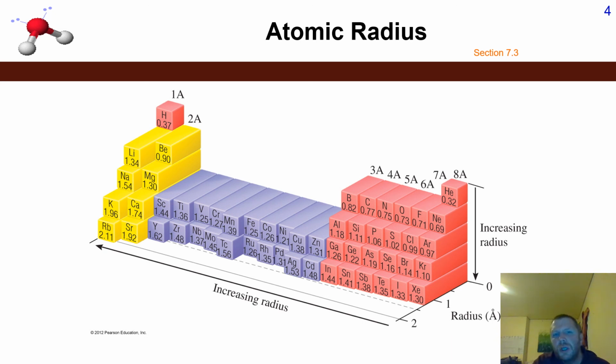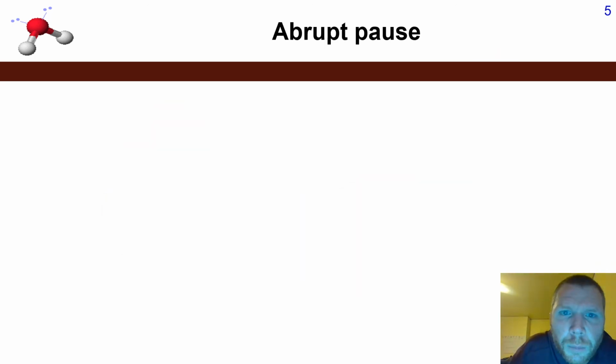Now what this shows us is an approximate measure of these, all measured in the units of angstroms. The one that's largest on this table is rubidium, Rb, at 2.11 angstroms, compared to your smallest atom, helium, at 0.32 angstroms.